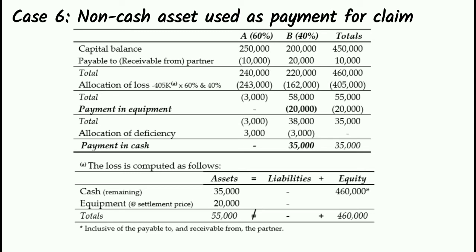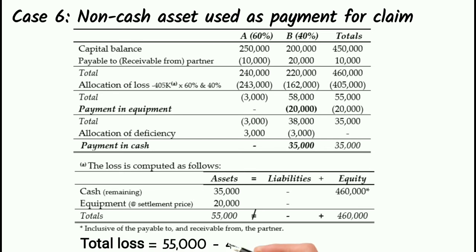Ang equity ay 460,000 pesos. Of course, included dyan yung receivable from A na 10,000 pesos at yung payable to B na 20,000 pesos. As you can see, hindi balanse ang accounting equation. Therefore, yung difference, yan yung magiging total loss.